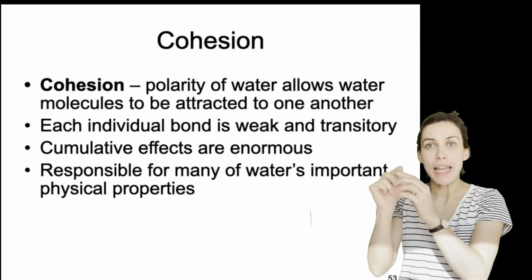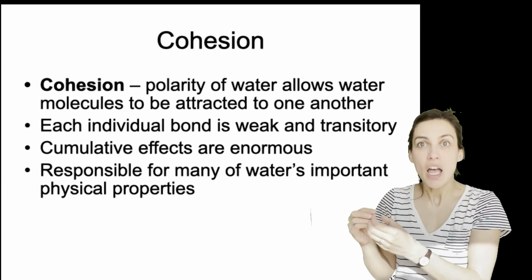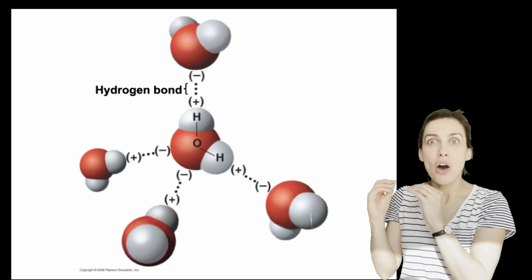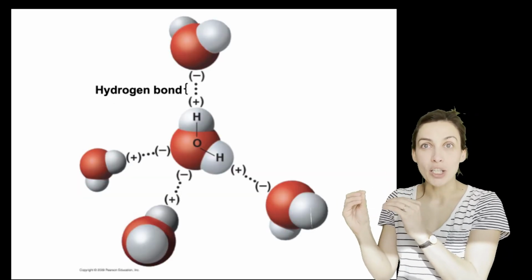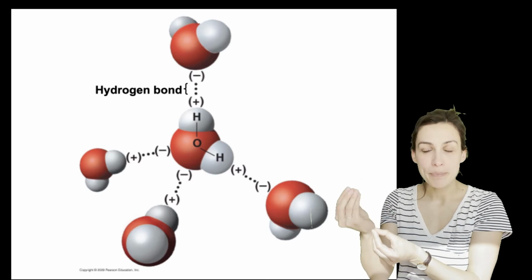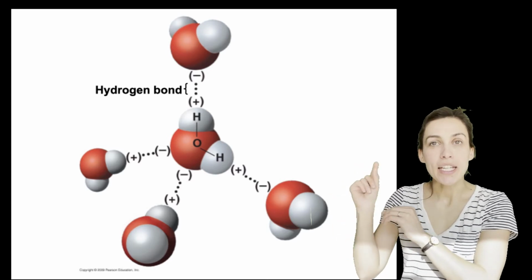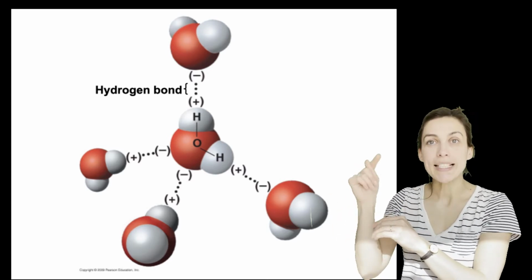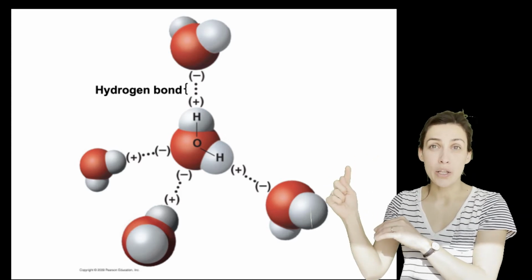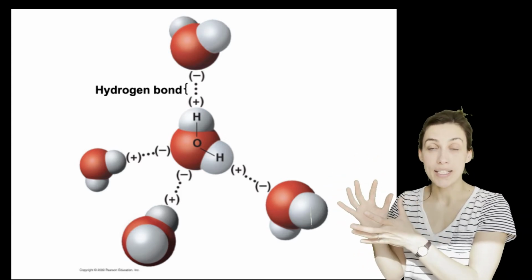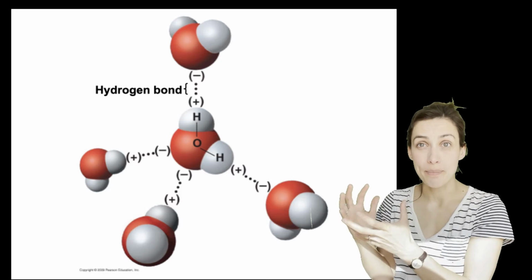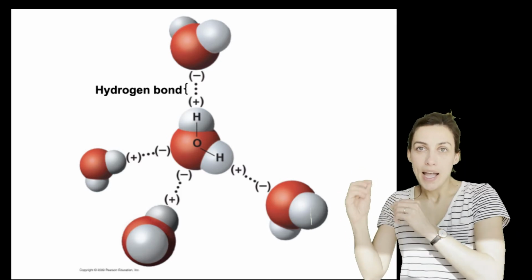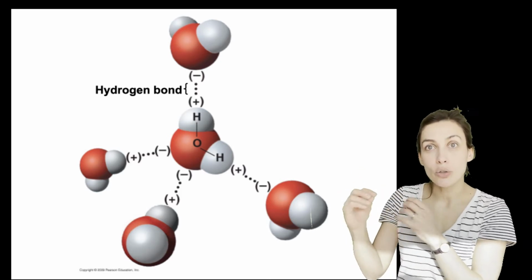So if you were able to take a photo of the individual water molecules in a drop, you would see that each water molecule is hydrogen bonded with 4 other water molecules on every side. And that would be true for all of them. And then they continue to bounce around.